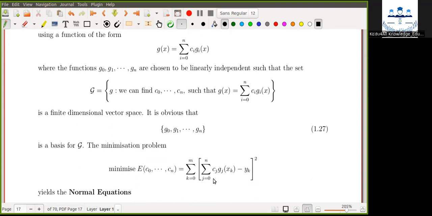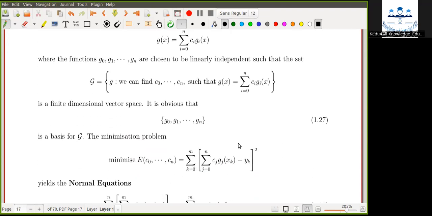In terms of minimization, this will be the difference. If you write that in terms of k, it will be y_k minus g of x_k. If we substitute, it will be the sum of c_i g_i at x_k. Of course, i being a dummy variable, we can replace it with j. So this is what we are trying to minimize.